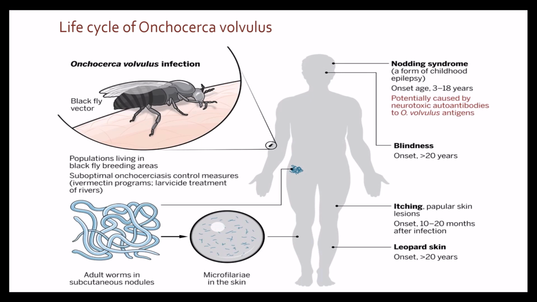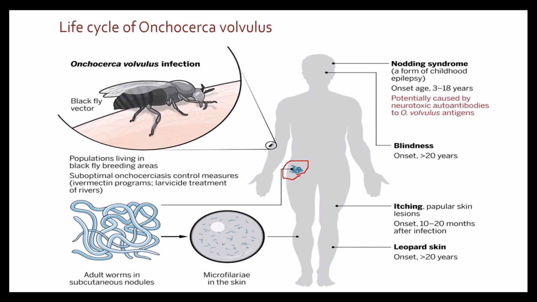The larvae then migrate to the skin and to subcutaneous sites to form onchocercomas, as it is portrayed in the diagram. This is one of the potential sites, and these microfilariae are produced by the adult worm.